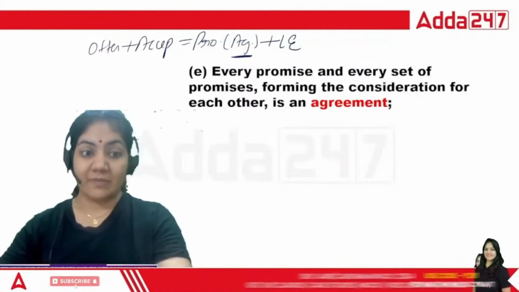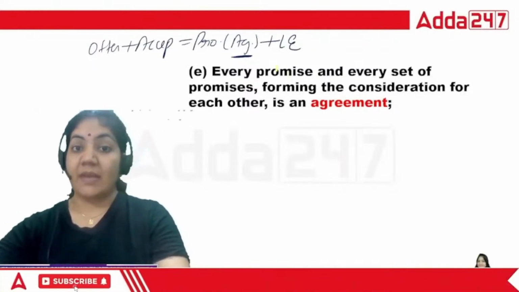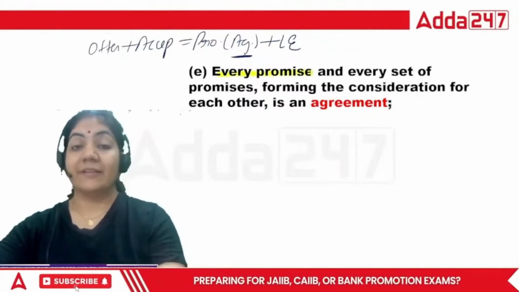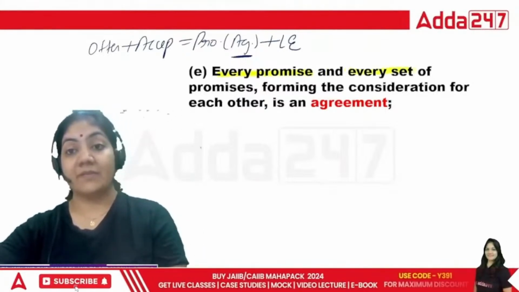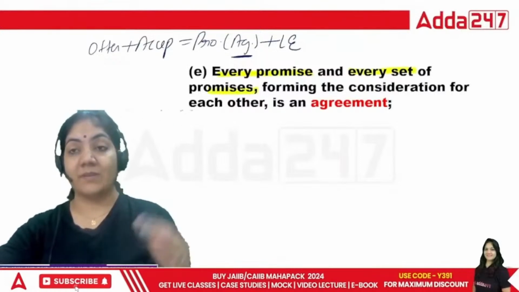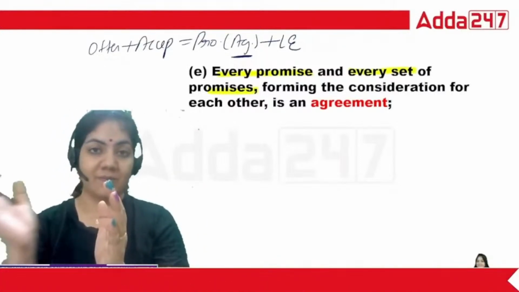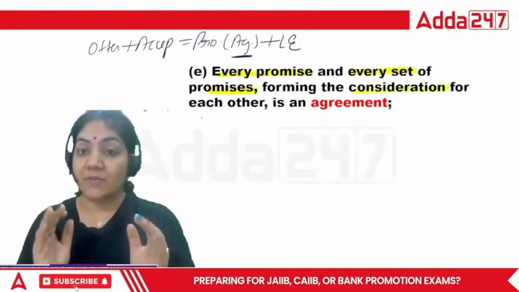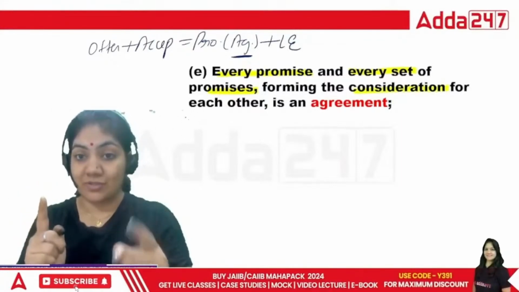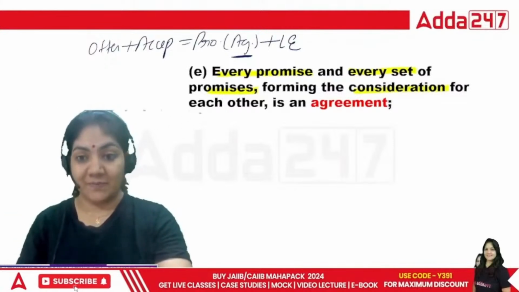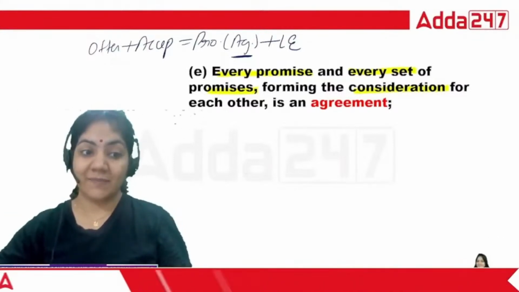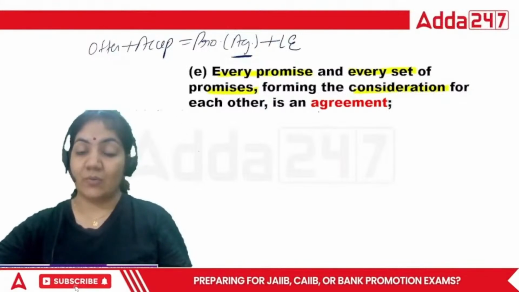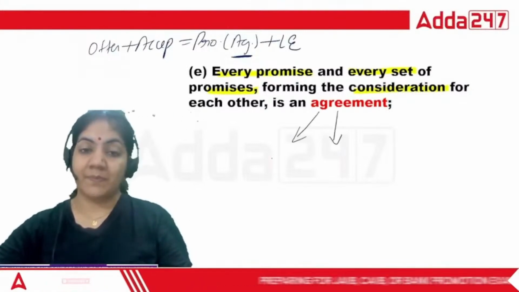Every promise and every set of promises forming the consideration for each other is called agreement. One person promises, the second person also promises, and in this promise you must have consideration. And in the Indian contract law, as you know, there are various types of agreement.